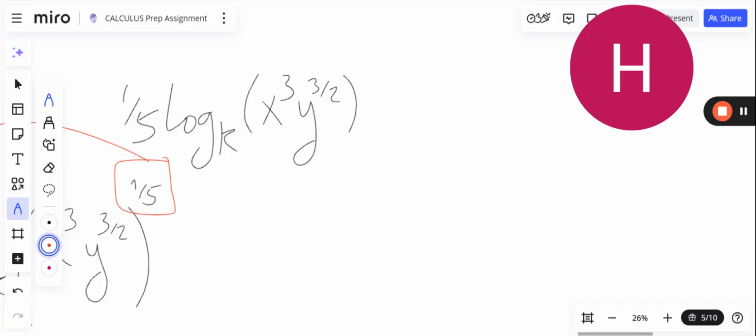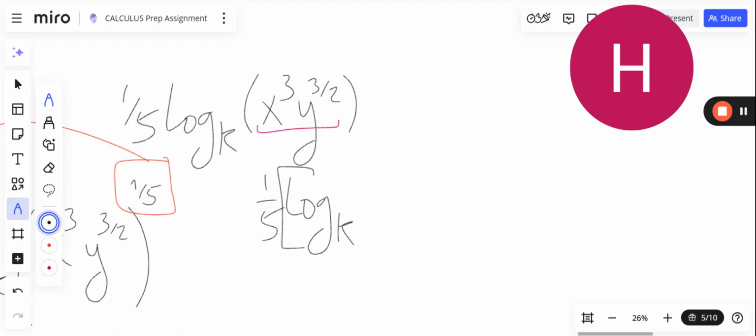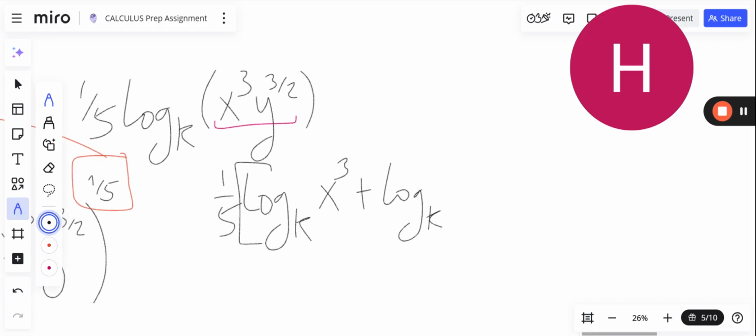And let's use the multiplication property, which says that instead of writing this as multiplication, we can put log k of x cubed plus, we can add the logarithms, log k of y to the 3/2.